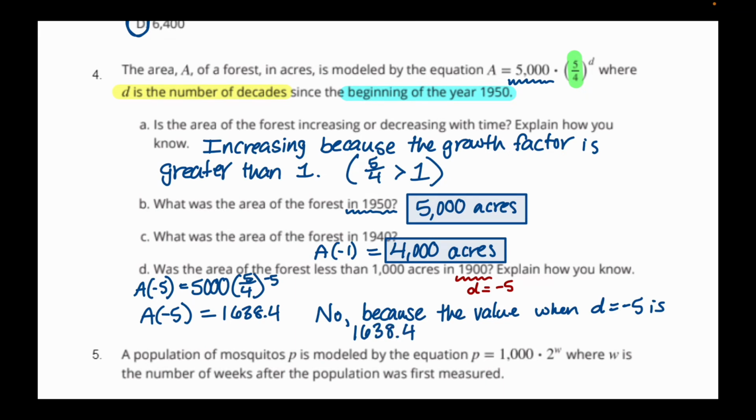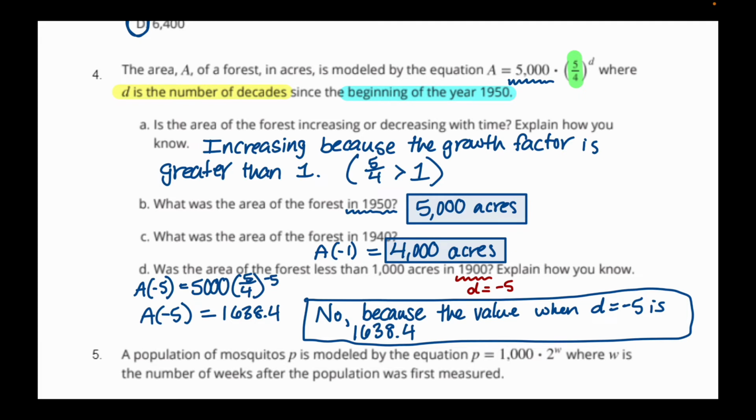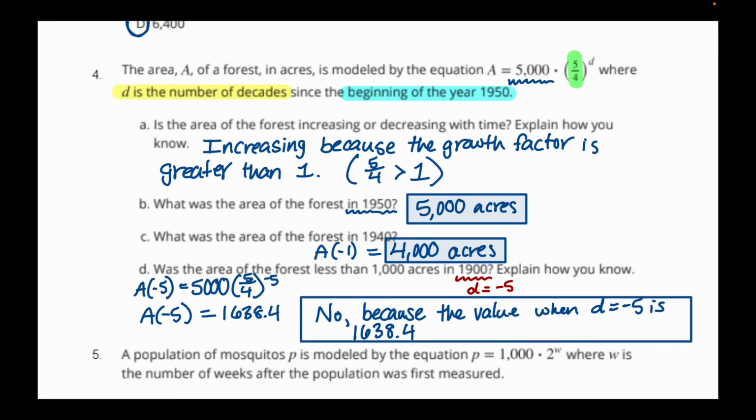Because they're really just asking, was it less than 1,000 acres? So no, it's not. It's greater than that amount. So this is our actual answer, but the other pieces kind of show my work and my thinking.